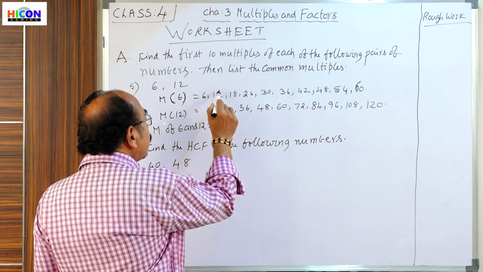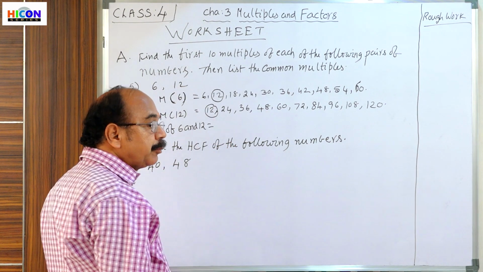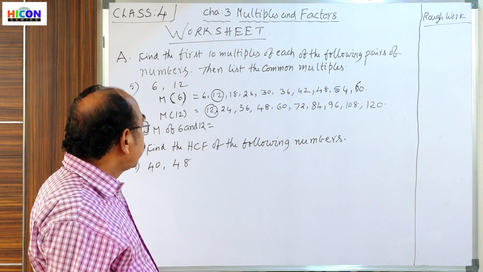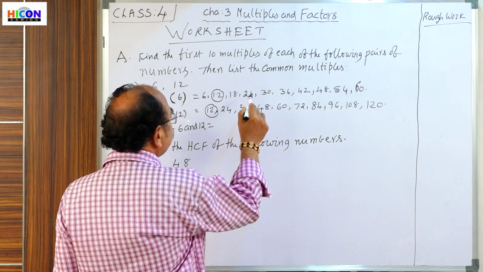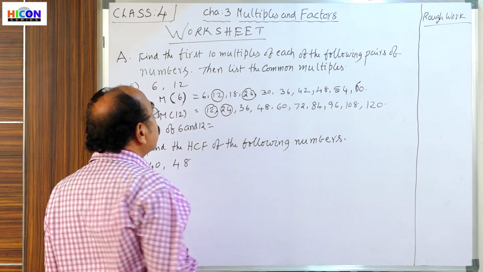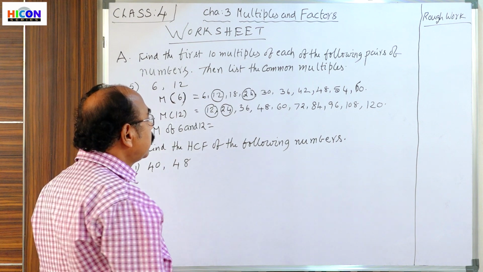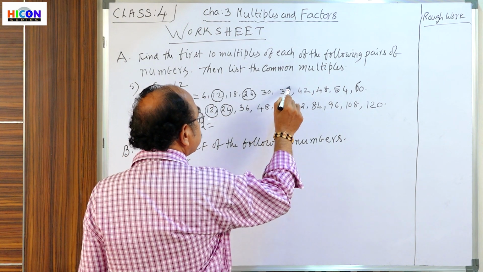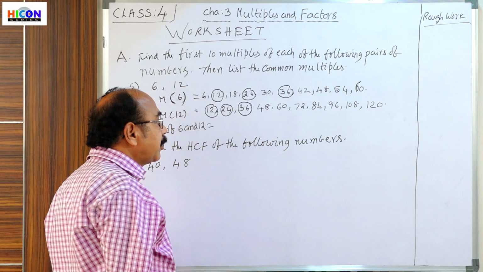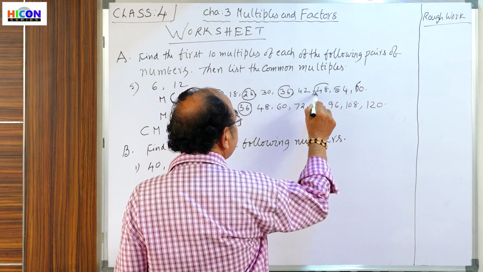12 is a common multiple. Here 12, round it. Common multiples we are rounding. And next what? 24 is the common multiple. Next one, 36. Here 36 is there, here also 36. 36 is the common multiple. And here 48 is there.